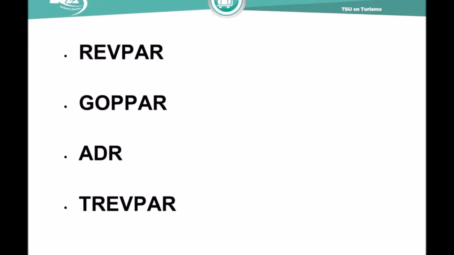Usually these kinds of indicators are expressed in numbers, and these numbers are very helpful when we want to evaluate the performance of a company. But we have different kinds of indicators. In the reservations department, we have these indicators.